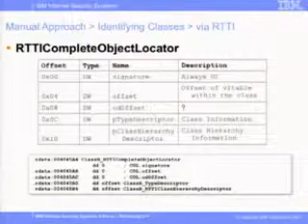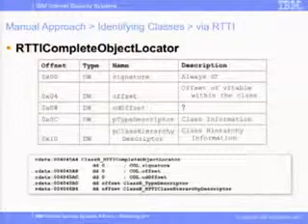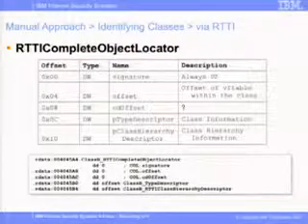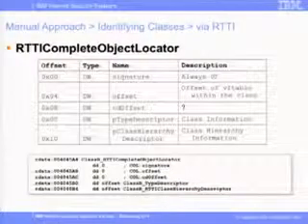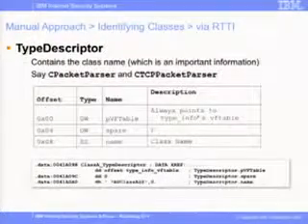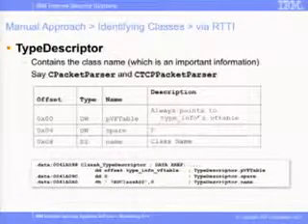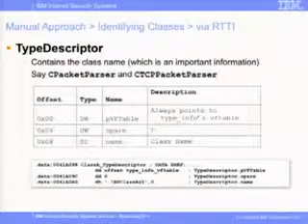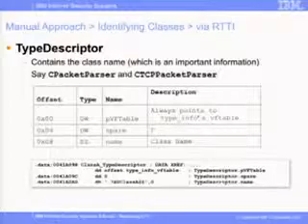Keep in mind that this one is already pre-processed, so we already modified the variable names. The type descriptor basically contains the important class name. If the RTTI class name exactly describes what the class is for, then you will have a rough idea what the class is for.